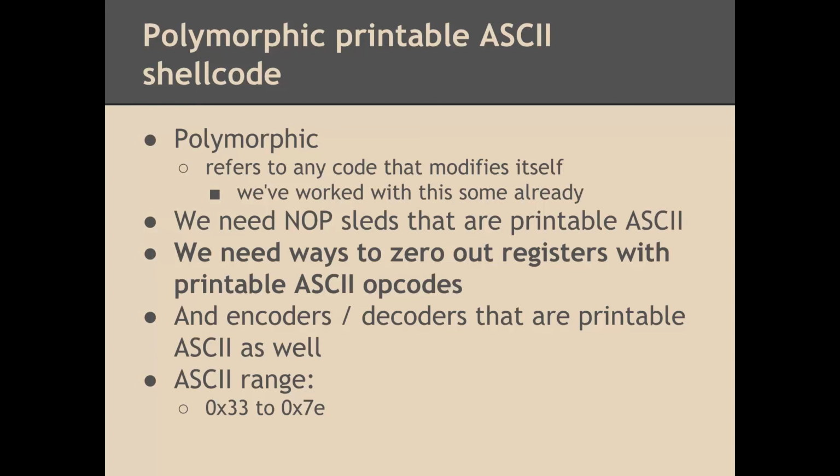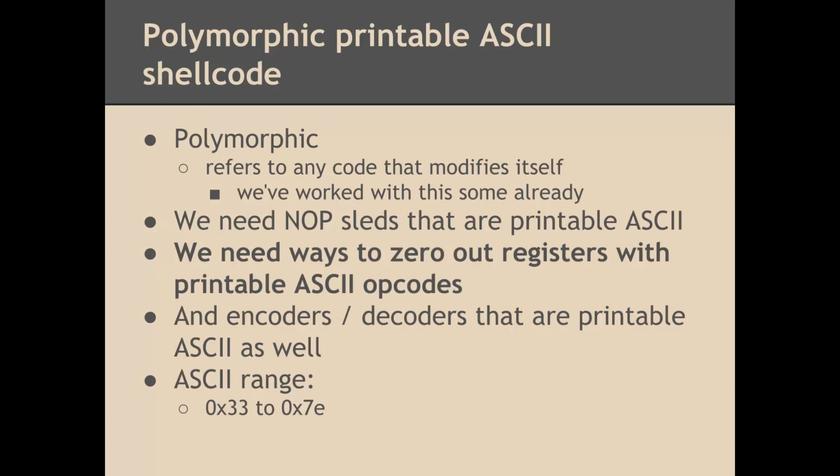However, you may not be able to perform the rest of your shellcode with that limited set, which is where encoders and decoders that work in the printable ASCII range come in. And Metasploit has a number of encoders that work with this, and I've used them with a great deal of success.